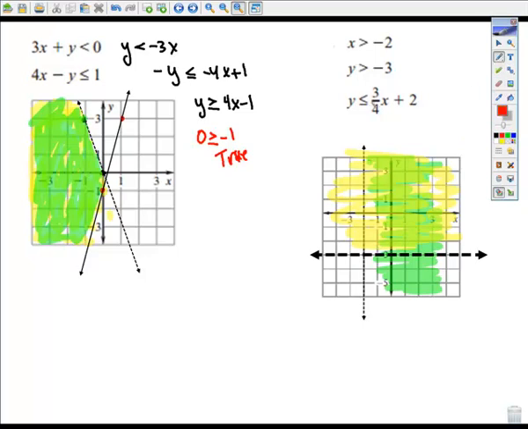And then finally, I have y is less than or equal to 3/4 x plus 2. So I have a y-intercept of 2, and my slope is 3/4. I can't go up, I don't have enough room, but 1, 2, 3, 1, 2, 3, 4. This one is a solid line.